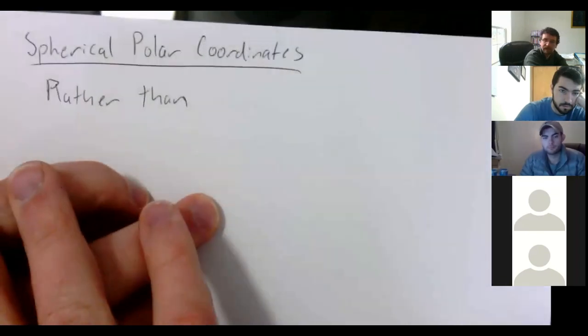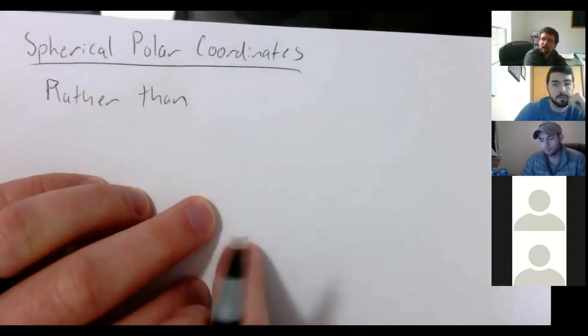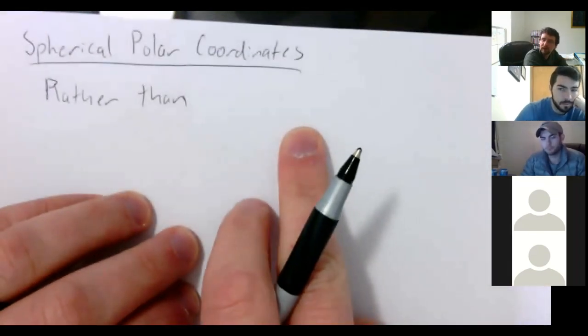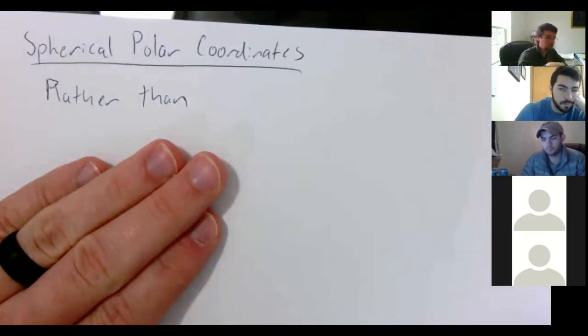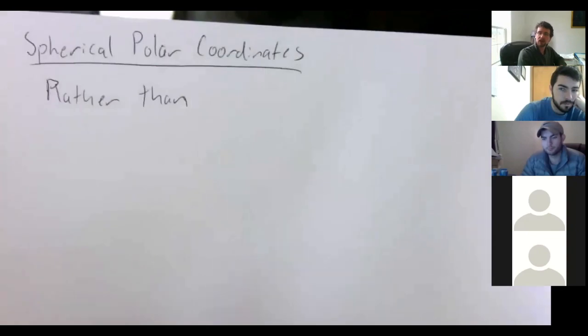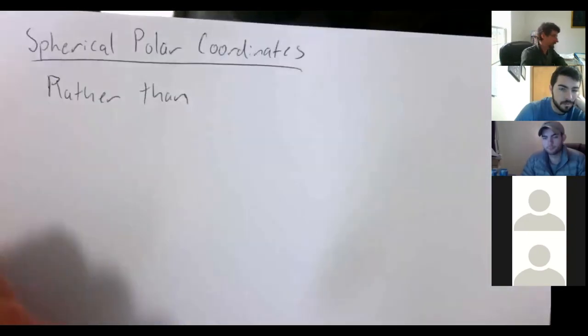Right. So instead, you're talking about how far away from that center point they are. So rather than talking about Cartesian coordinates, x, y, and z, we're talking about a distance and then two angles.